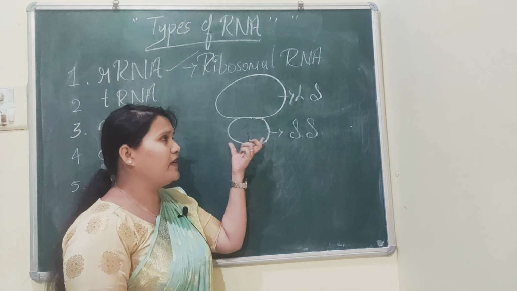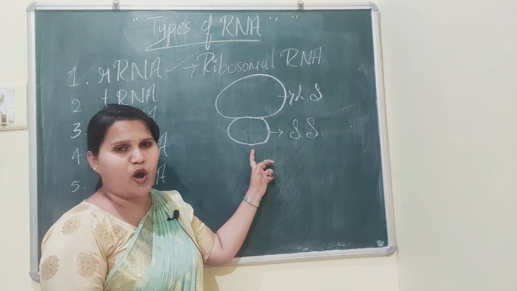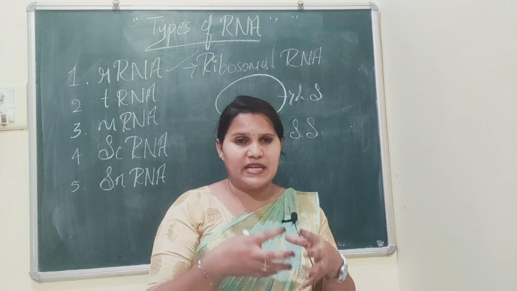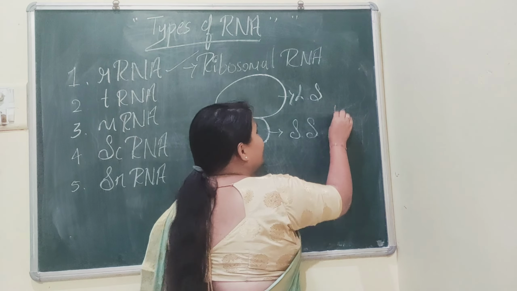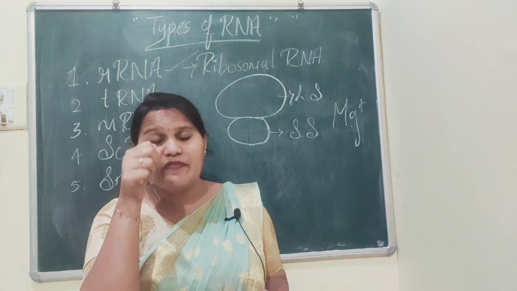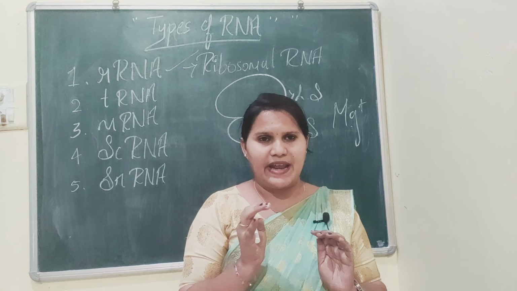See, can you see that the larger subunit is overlapped on the smaller subunit? What made them stay intact? It is due to magnesium. Magnesium helps these two subunits to get attached.